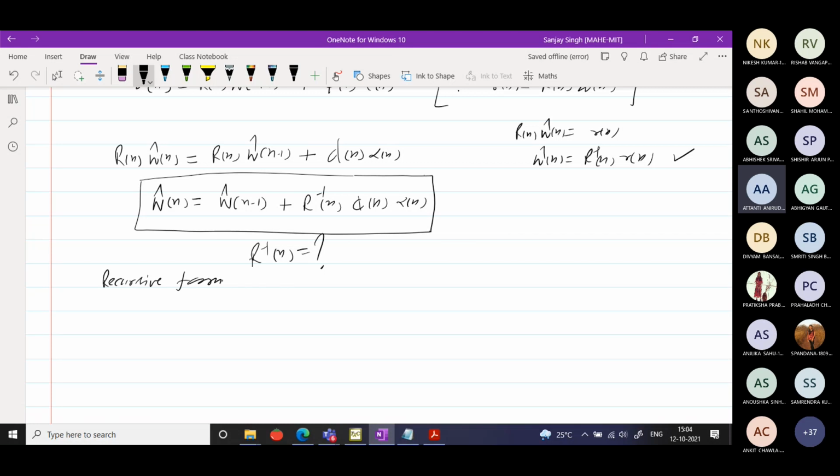What we are trying to find now is a recursive formula for computing this. Okay, done. Now how do I do this?